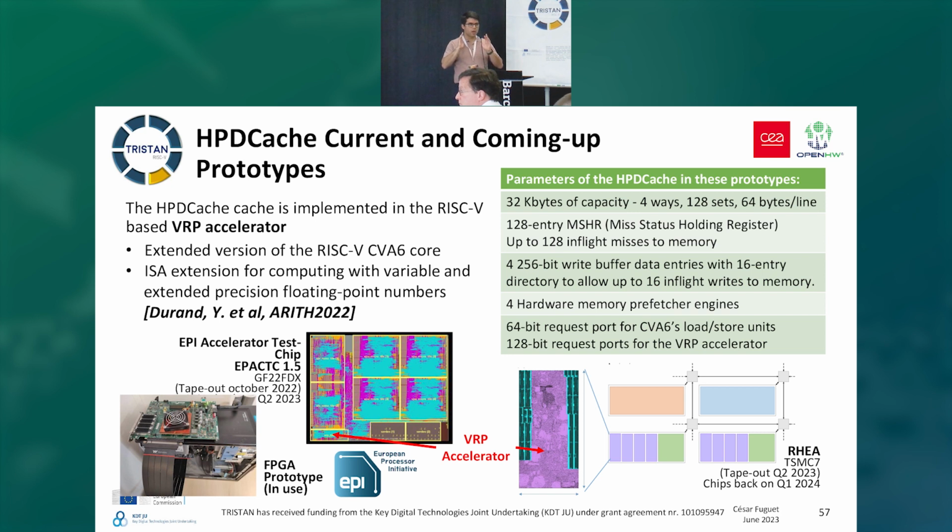I don't know if you have heard about the Cyber company that is fabricating a general purpose processor in TSMC7 technology. We have a bunch of ARM cores, 82 if I remember well, and there are two tiles, each with 4 VRP cores implementing this cache. And this is in TSMC7 technology.